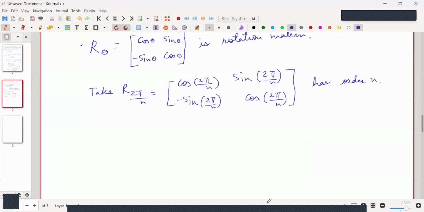I think it is cos theta, sine theta, minus sine theta, and oh, that is the same.